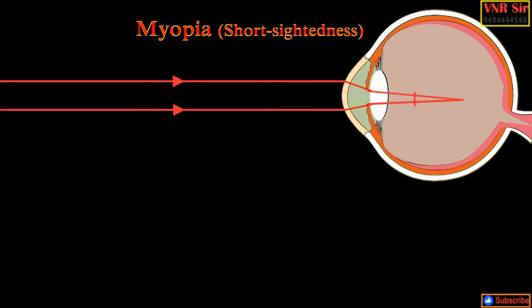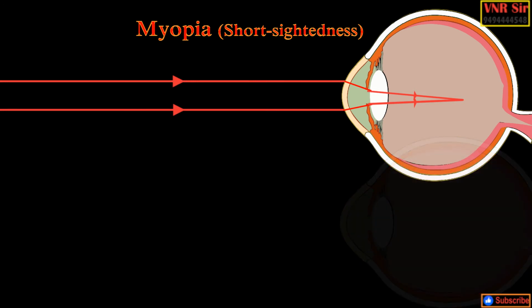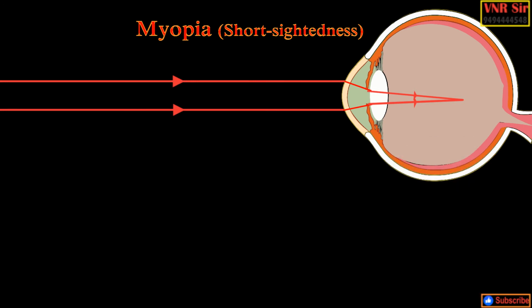So the object is not seen clearly as the image forms in front of the retina. The reason for this is either the eyeball is longer than normal, or the maximum focal length of the lens is insufficient to produce a clearly formed image on the retina.